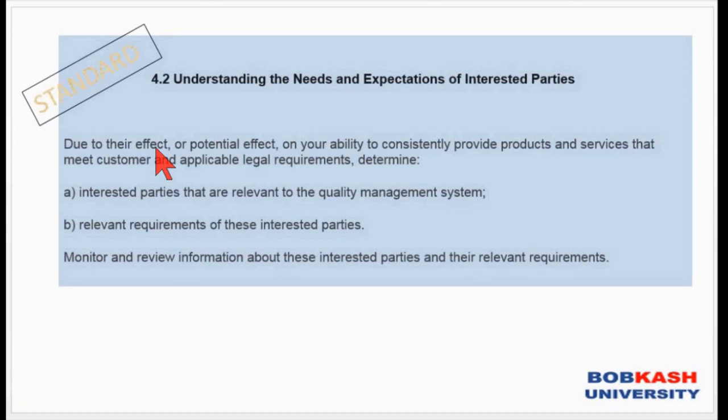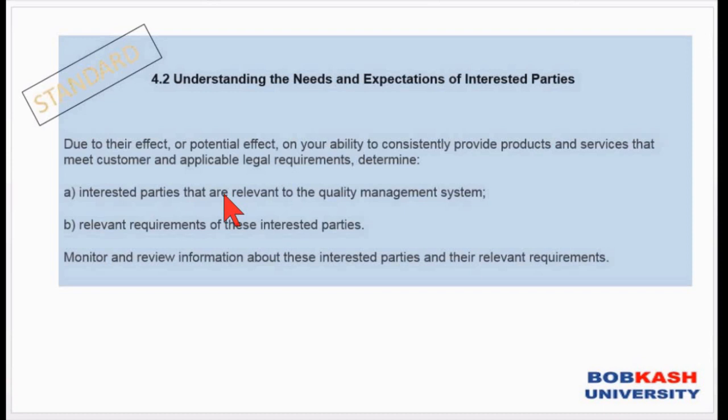So you need to first identify these interested parties, and then you need to identify what are their needs and expectations. This is clause 4.2. Now these interested parties should be relevant to the quality management system, right?